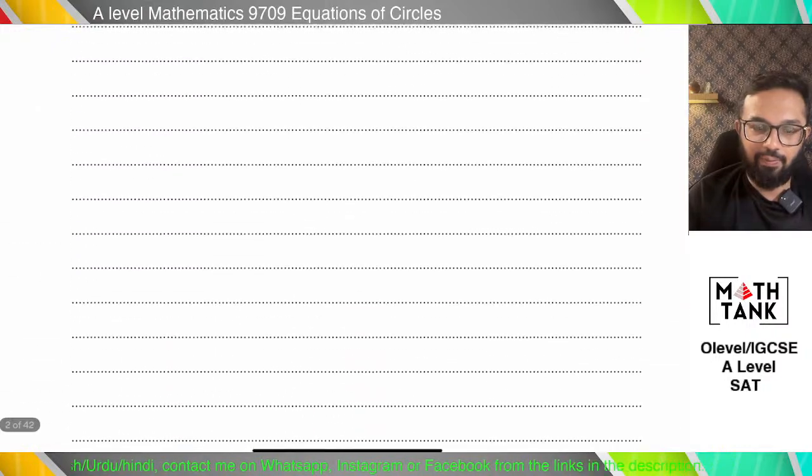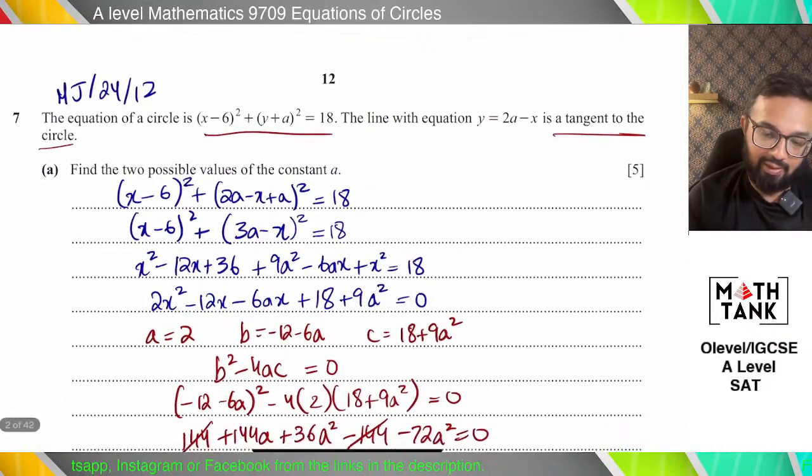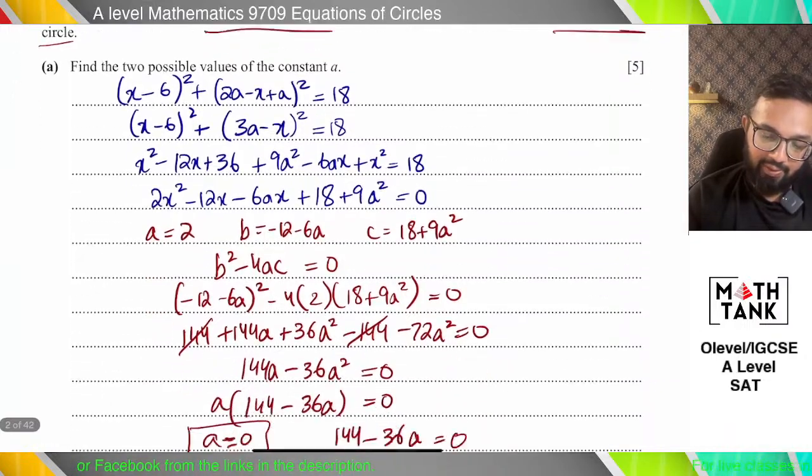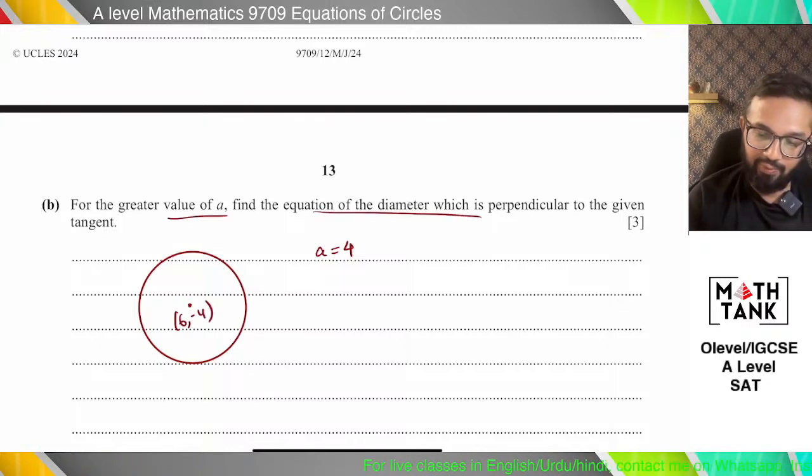Okay, a is 4 and the circle is at (6, −4).